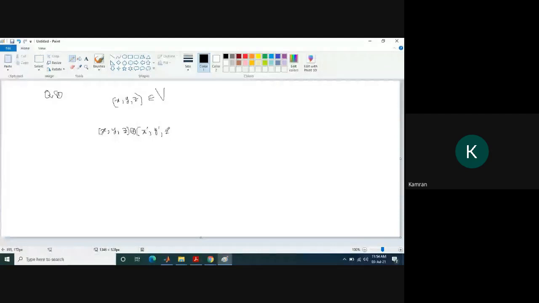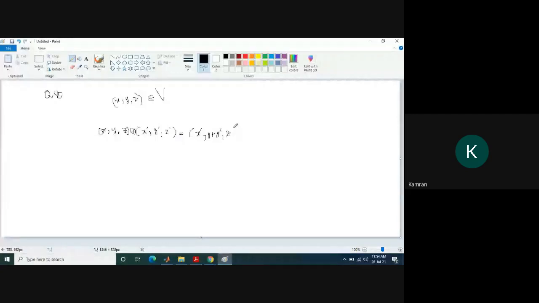Now this operation is defined as, this is a special plus which is defined such that when we add these two elements, we will get x prime, the first component of the second member, comma, y plus y prime, comma, z prime, the third component of the second member.